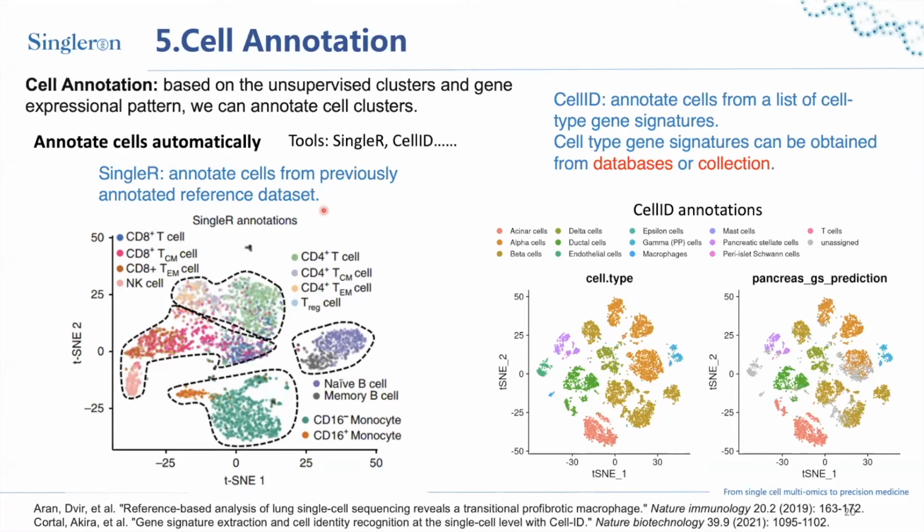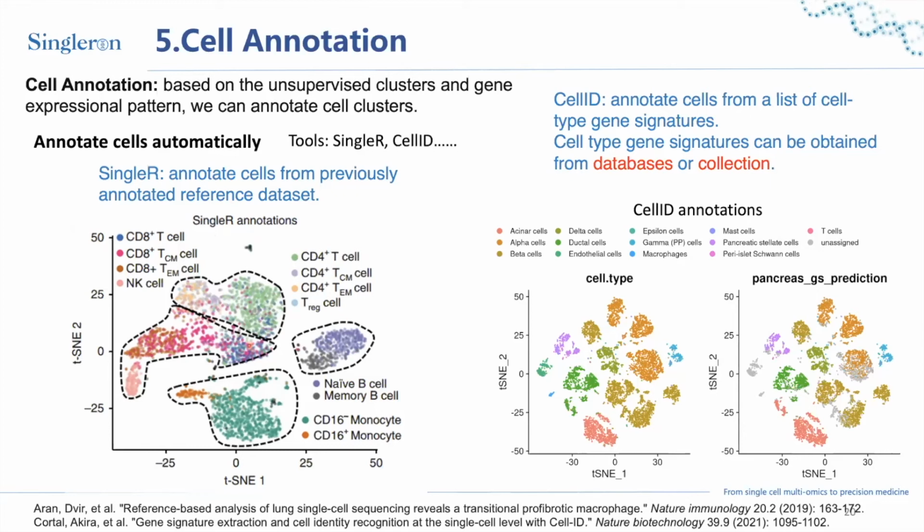If you have a data set of the same cell or tissue origin, you can annotate your own query data by comparing to the reference data set and calculating the similarities, and the software will predict the labels for you.